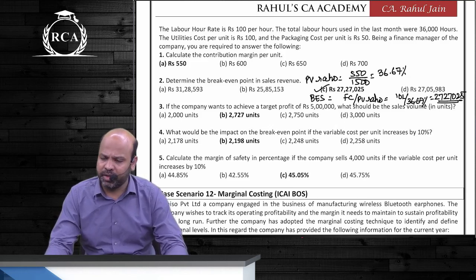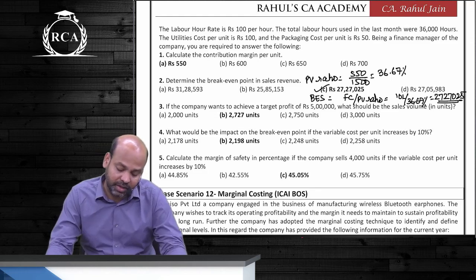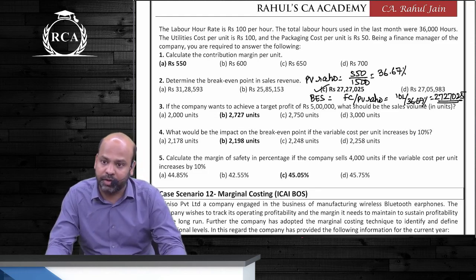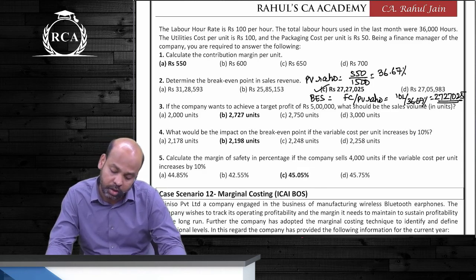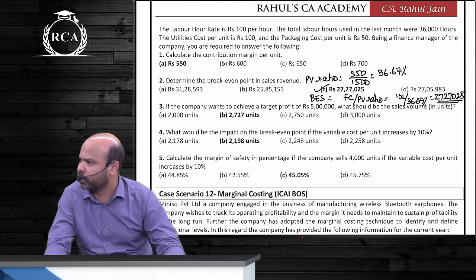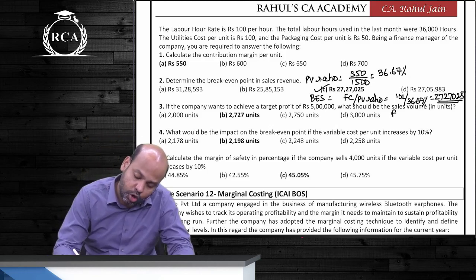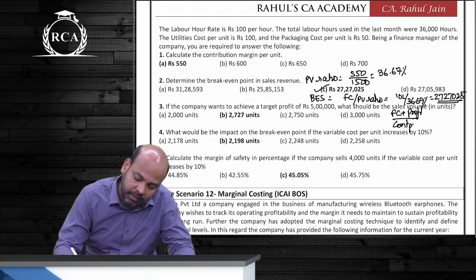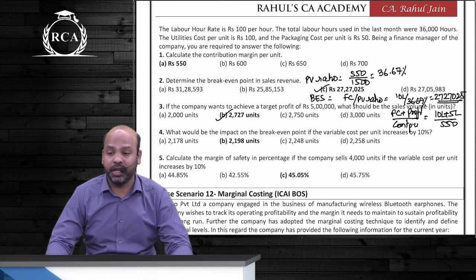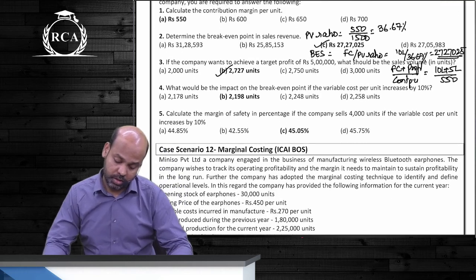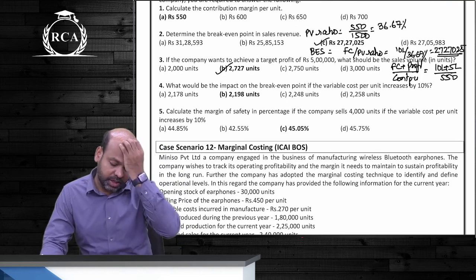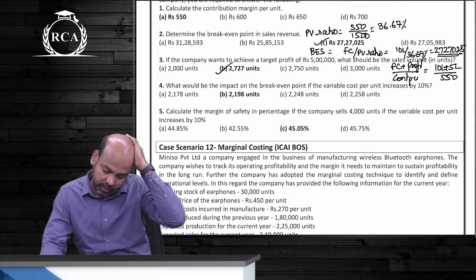Once you get your break even sales, for the next bit they say if you want to achieve a targeted profit of 5 lakh rupees, what should be your sales volume? Fixed cost plus profit divided by contribution per unit. Fixed cost is 10 lakhs. Desired profit is 5 lakhs, divided by 550. 15 lakhs by 550 is 2727 units. 2727 units is the answer.